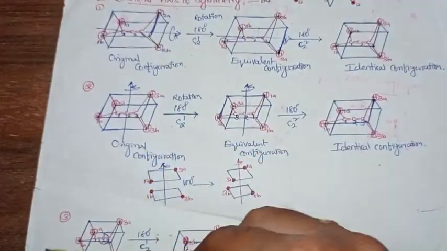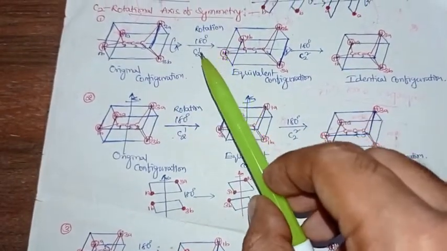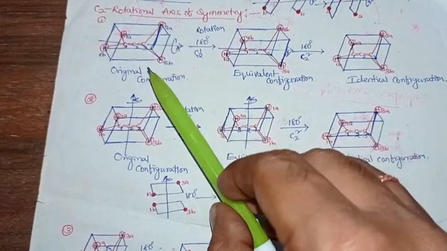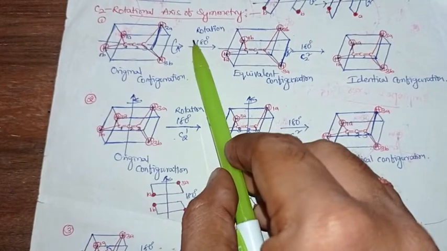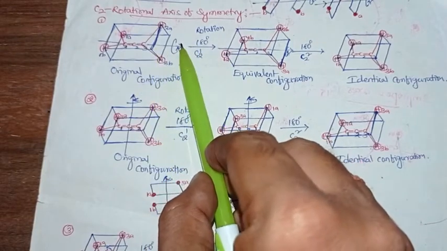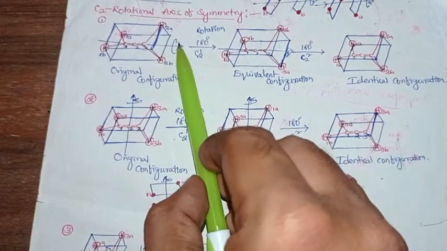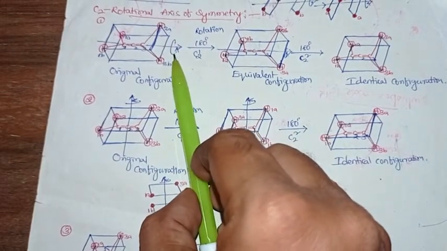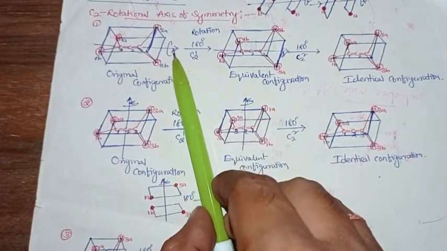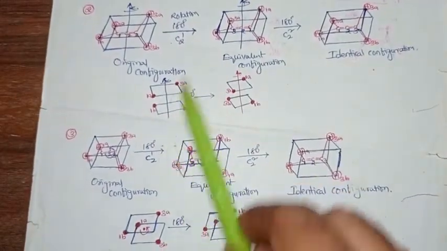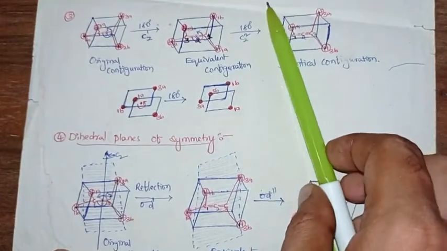So having all three second fold rotational axes, the principal axis is defined as the three atom passing second fold rotational axis. This is the 3 atom passing second fold rotational axis, so this will be considered the principal axis. The maximum atom passing C2 axis is the principal axis, this is the one, right. So the other two will be the secondary axes. So like this the rotational axes are possible.